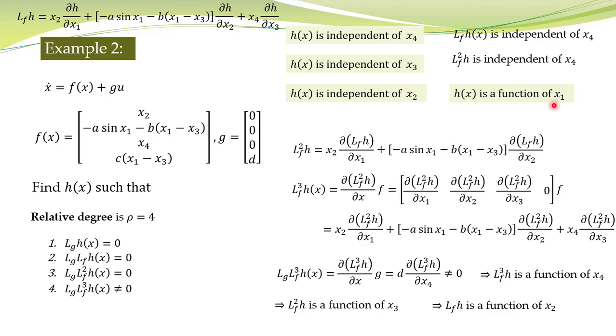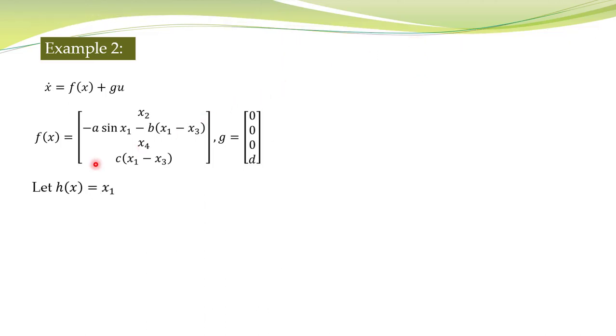So we have some guidelines on the selection of h of x. It should be a function of x1, it should not be a function of x2, it should not be a function of x3, it should not be a function of x4. So let's again take this simple h of x, which is equal to x1. Once we have this h of x, the rest of the procedure is very simple. You use this state transformation, and you can easily compute all these things.